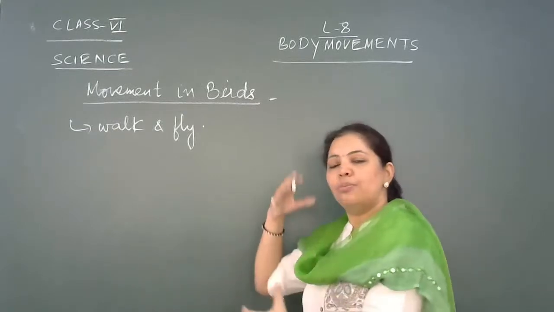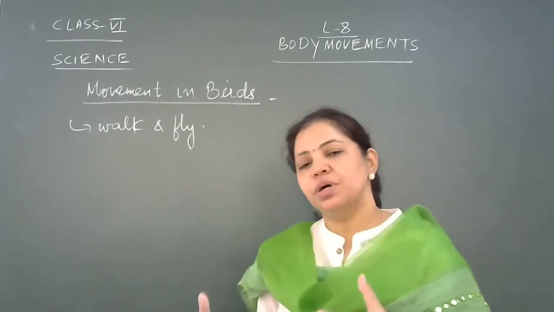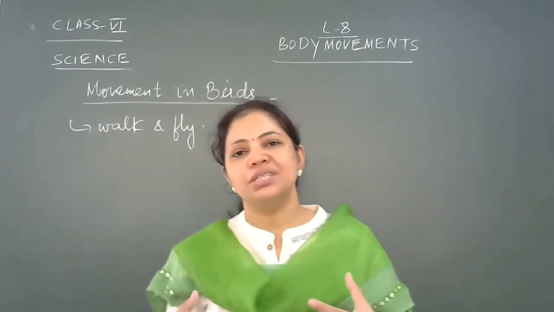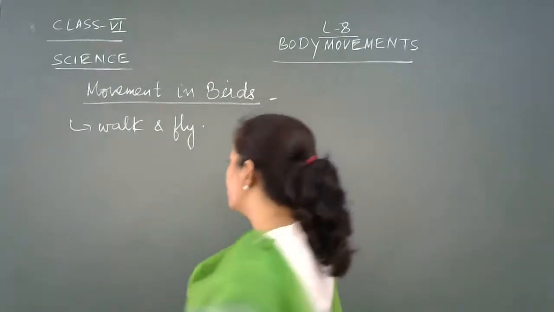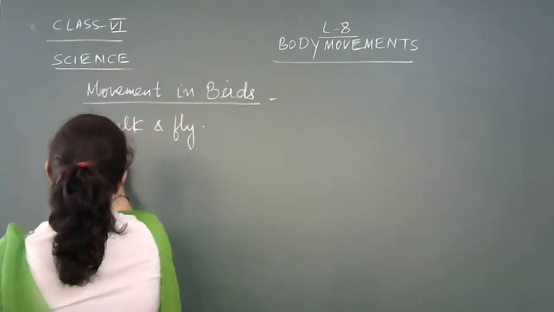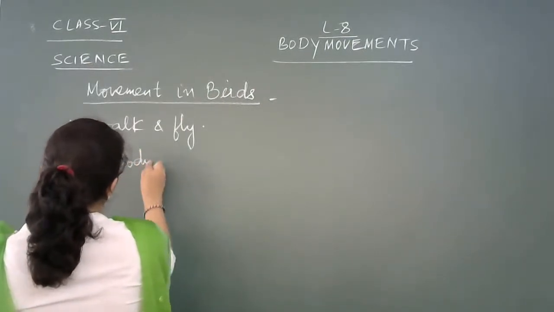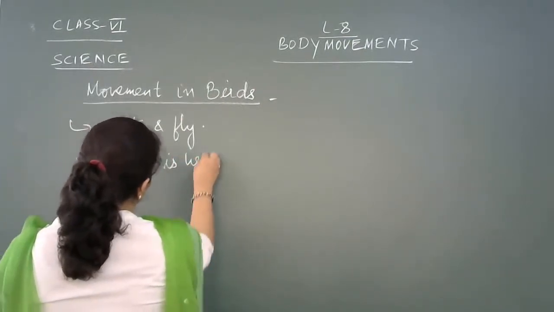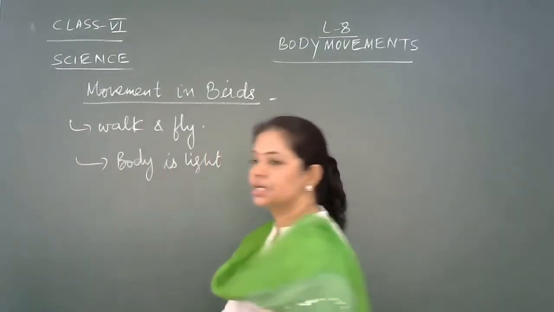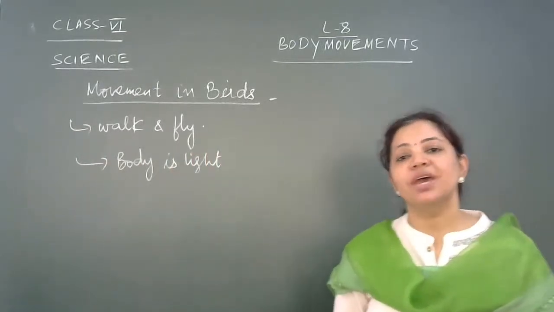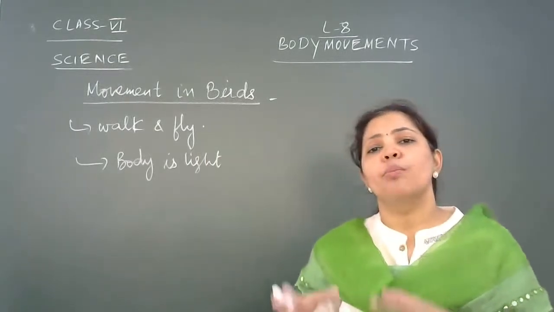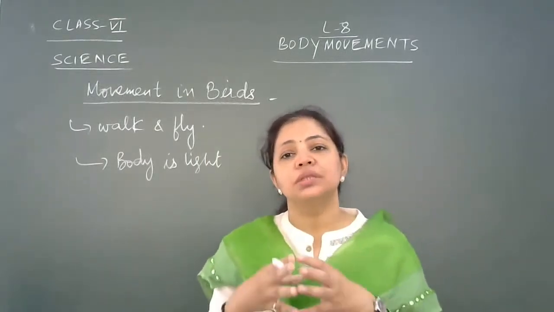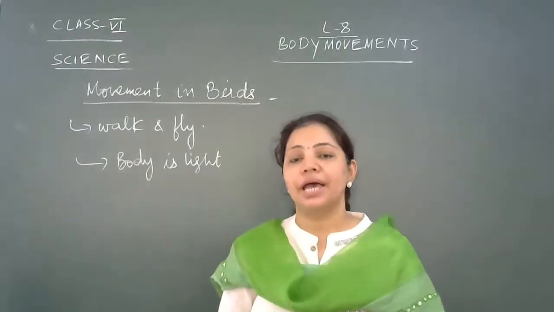Now to help in these two kinds of movements, birds have some important and special features in their bodies. So let's see what those are. The first one is that their body is very, very light. The body of birds is extremely light.